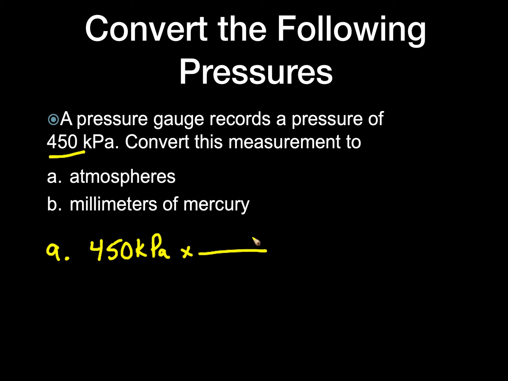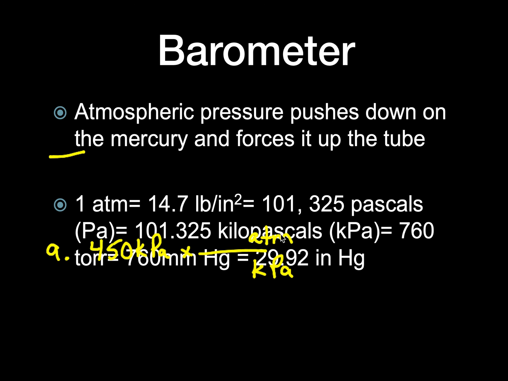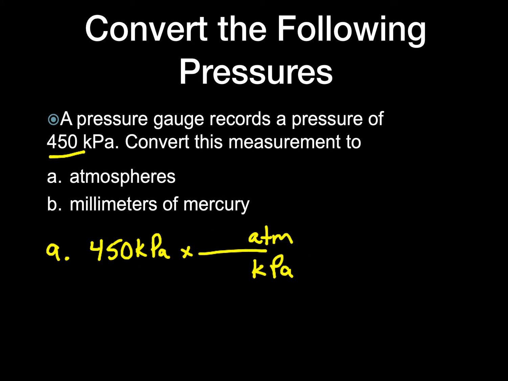I want to go to atmospheres and get rid of kPa. So I need to look at these conversions I gave you, and I want you to look at those while we're doing this problem.